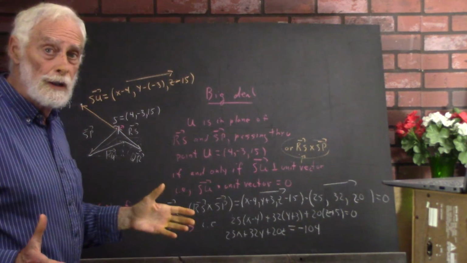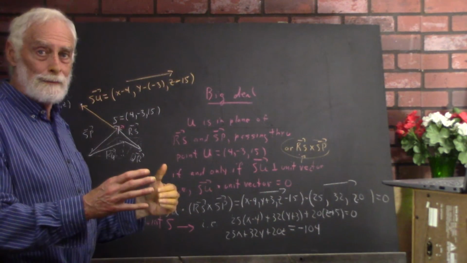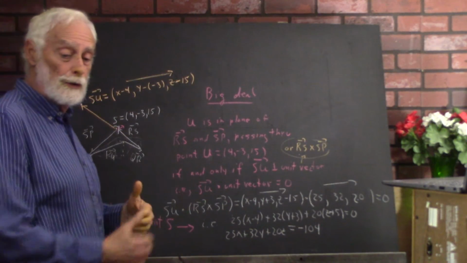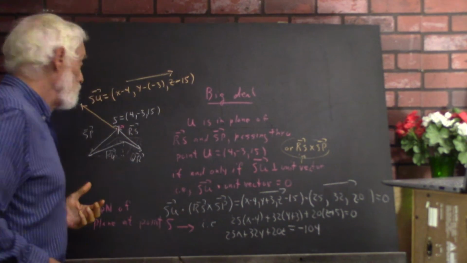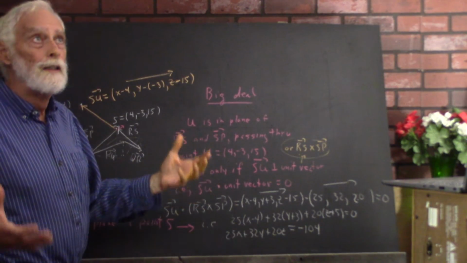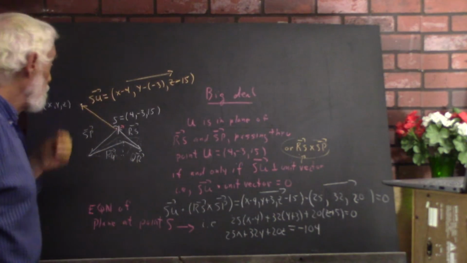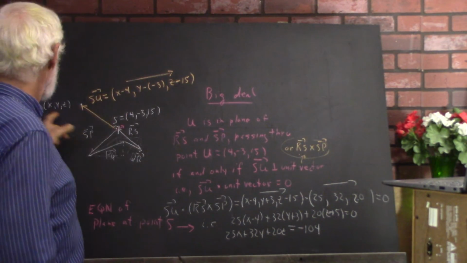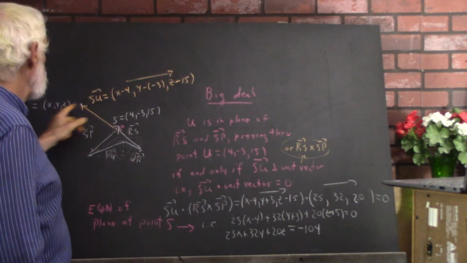The first thing we did in this course was do a vector PQ, where we subtracted the coordinates of the point P from the coordinates of the point Q. If you didn't get that, you need to review it, because we've been using that every day in the four classes we've had. So here's the vector SU: x minus 4, y minus -3, and z minus 15.